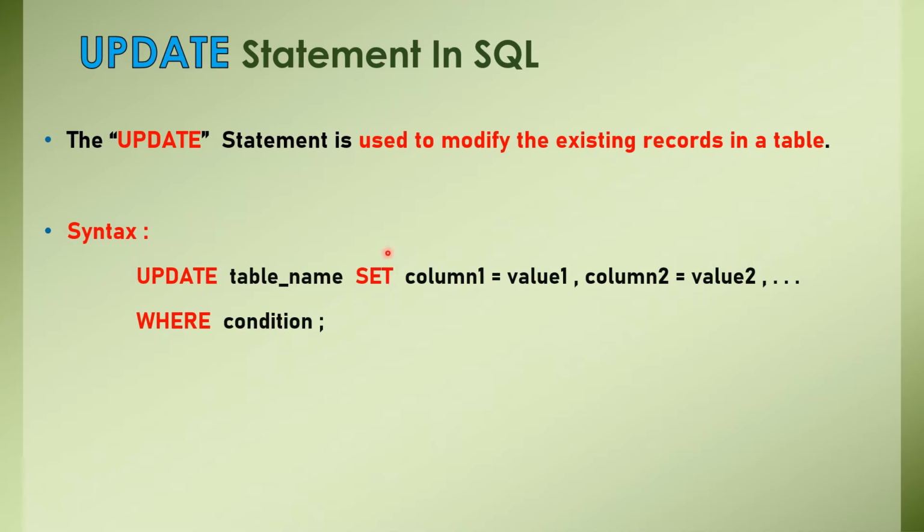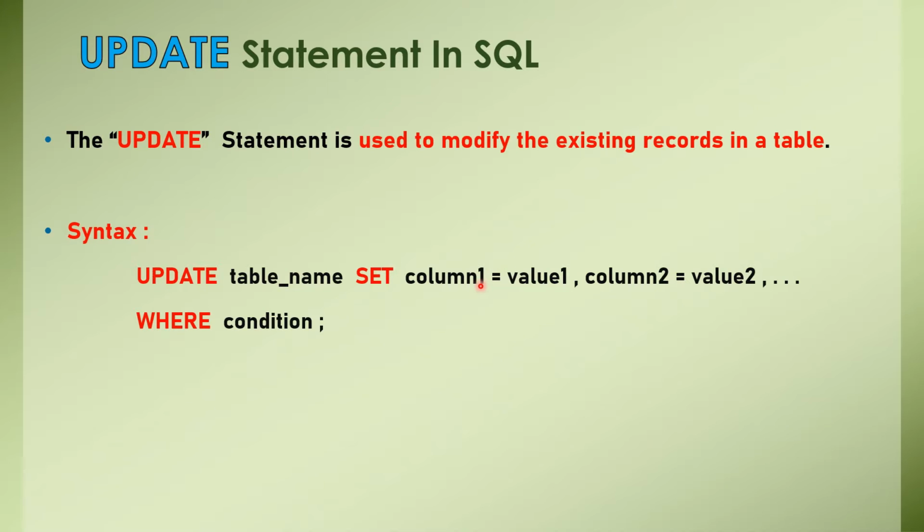Now you need to use SET. Suppose you know what the values should be for any particular column. Now you need to write column 1 must have this value 1 and column 2 must have this value 2, or any number of columns you can add. If there are 10 columns inside your table, then you can write 10 columns here if you want to update each and every single field.